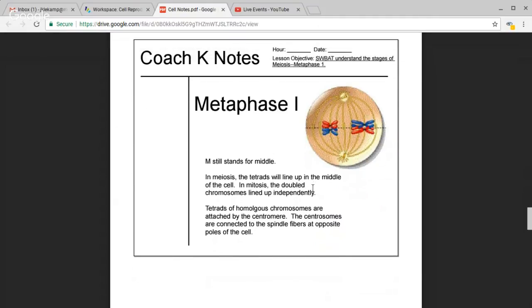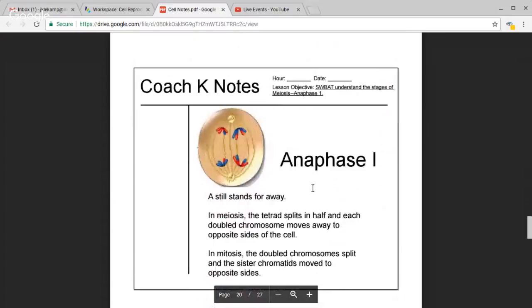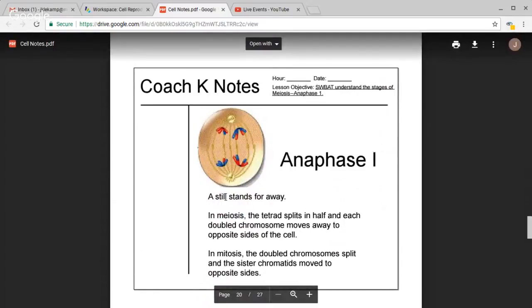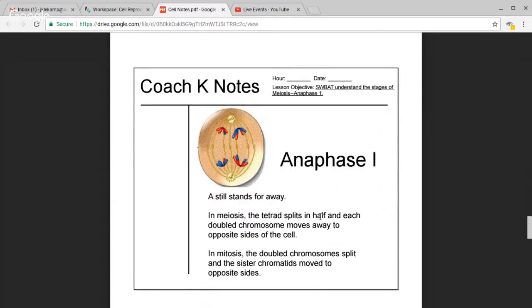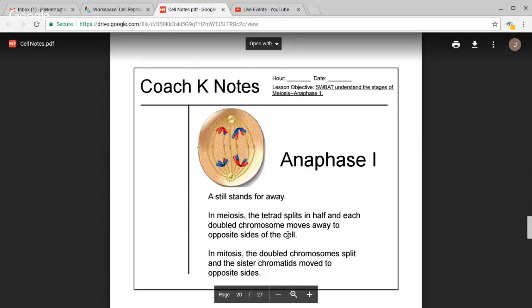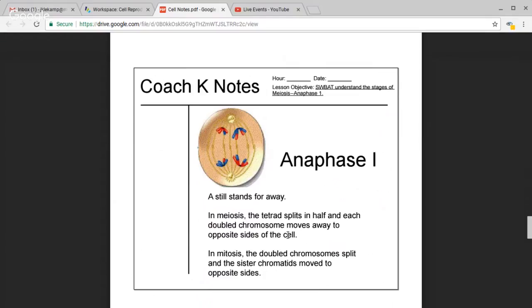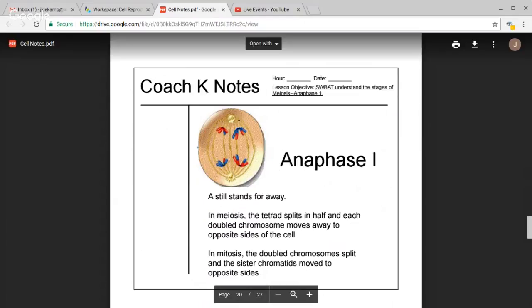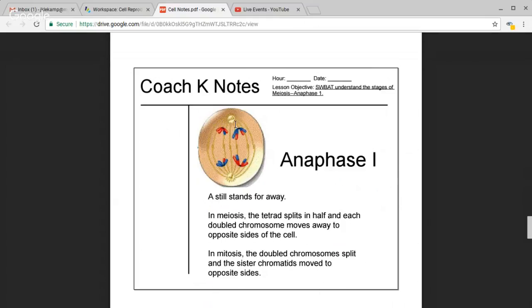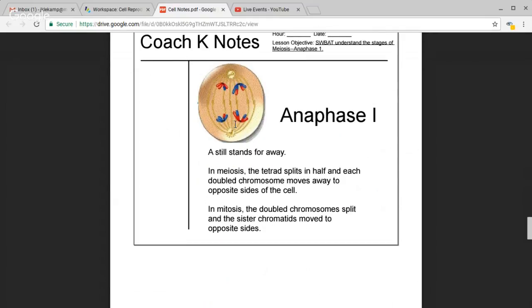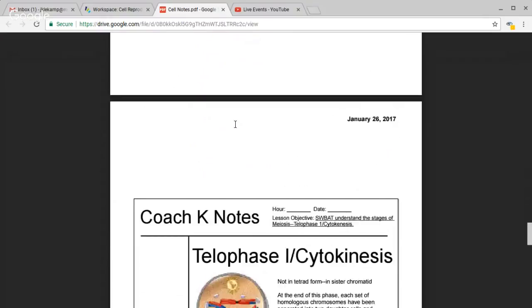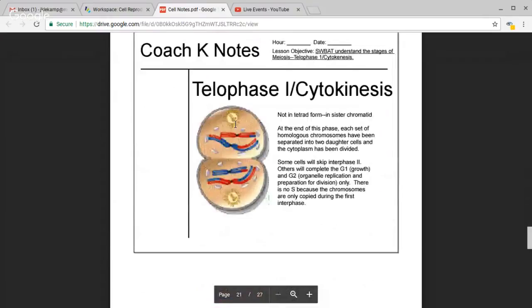Homologous meaning same, so those chromosomes are going to kind of line up together. Then we get anaphase, and what you see now is that the tetrad has split in half. Now we have the double chromosomes, or the sister chromatids, move to the opposite ends, being pulled by the spindle fibers to the centrosomes. Looks very similar to everything that happened in mitosis.